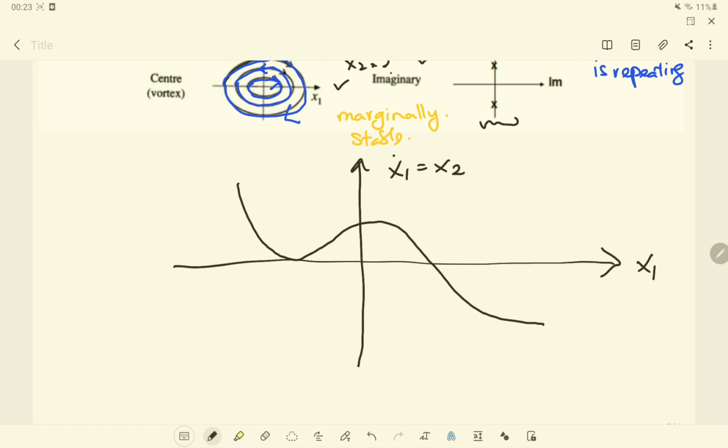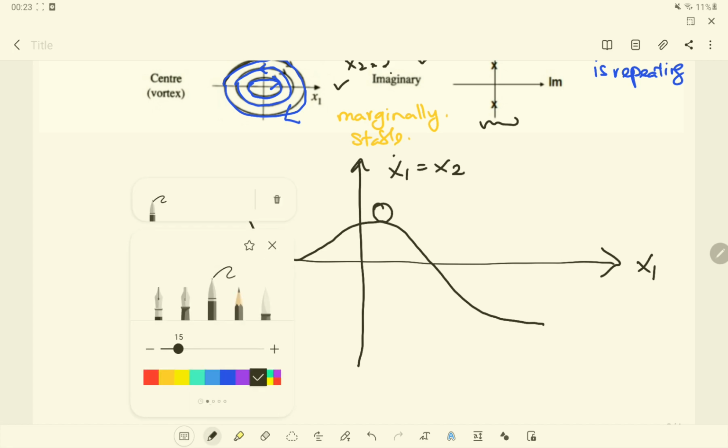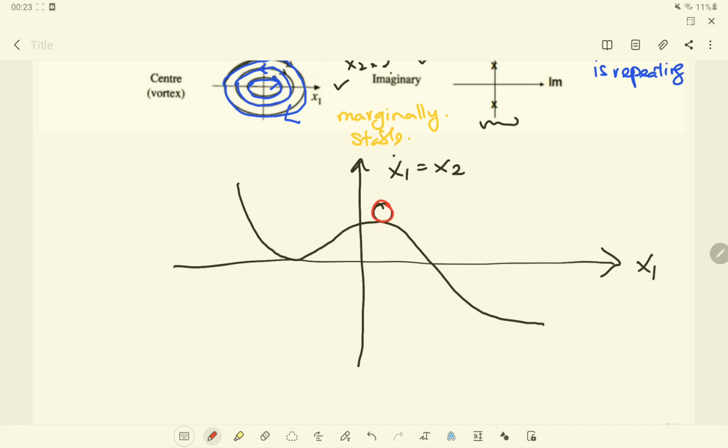Let's say you go ride a bicycle. So here is the position of you and the bicycle. Based on the position of the bicycle, the bicycle can go either to the right or to the left, right?